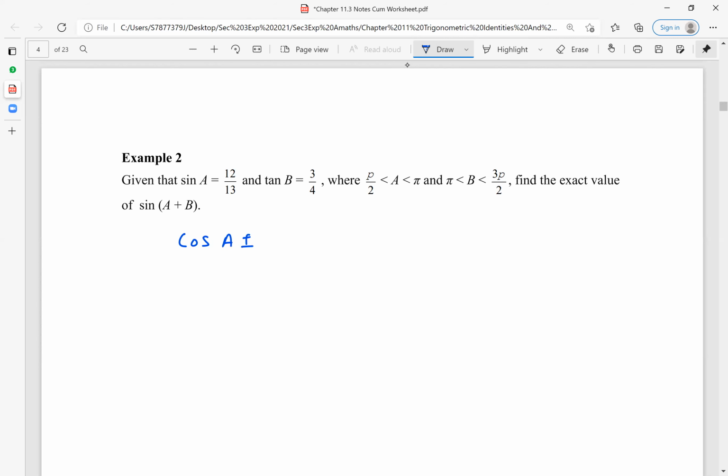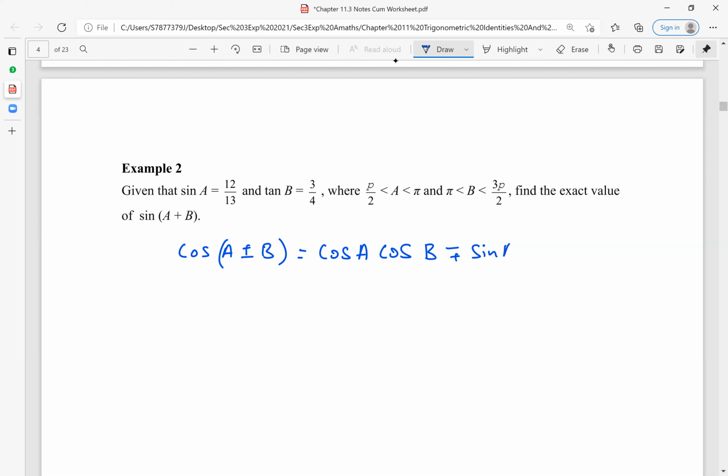A plus minus B. Cosine A cosine B minus plus sine A sine B. Minus plus or plus minus? Minus plus. Very good. And then it's sine A sine B. Very good. This one is very important.